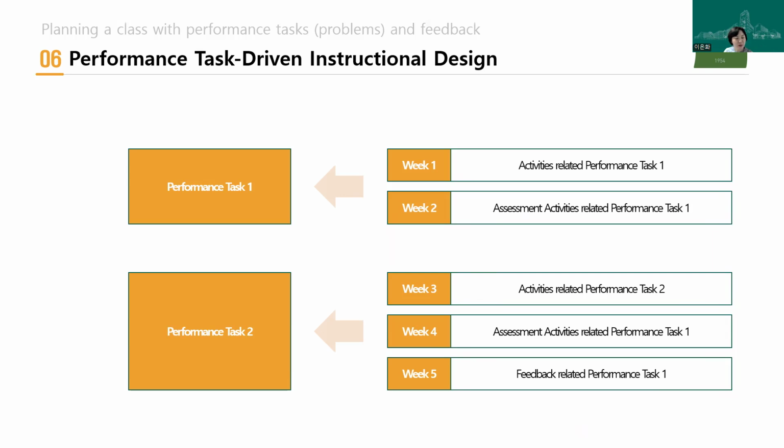Skills become more integrated. Week 5, feedback related to performance task 1. Students receive detailed feedback on their first performance. They reflect on strengths and areas for improvement. This informs the approach to performance task 2.